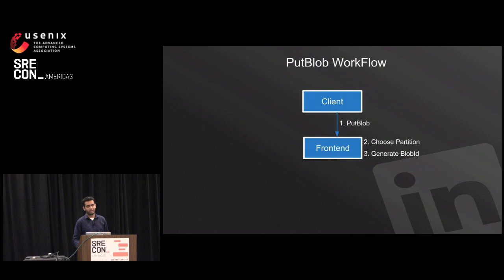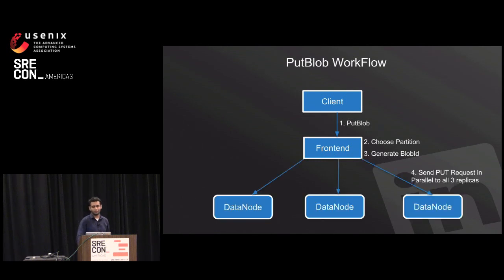Once a blob ID is generated, the data is sent to the appropriate server nodes which contain the replicas. Now here, as a standard, we set 3 replicas per data center, which is again configurable. You can add more replicas if needed.